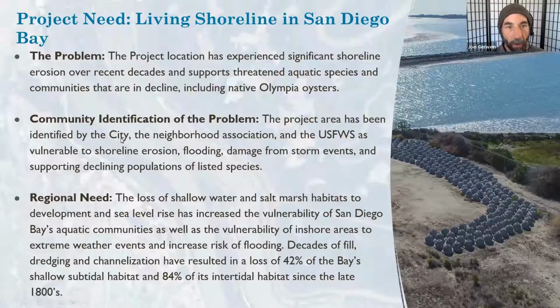We want you to follow that by showing us that the community has also identified this as a problem. And community can have different meanings. So in this example, I just threw in many different kinds of community, the city, the neighborhood association, and the U.S. Fish and Wildlife Service, and their identification of different problems at this site: shoreline erosion, flooding, damage from storm events, and declining populations of a listed species.